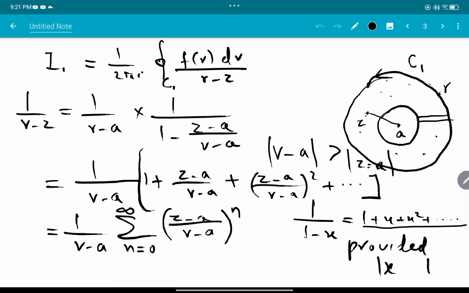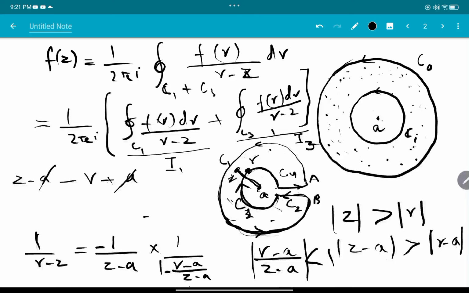This is C1, okay; this is C3. It is 1 minus gamma minus A divided by Z minus A. Just a minute, let me write it on a page of paper, otherwise I will have to turn these pages.